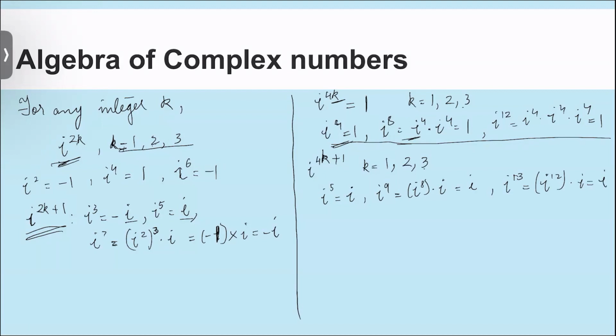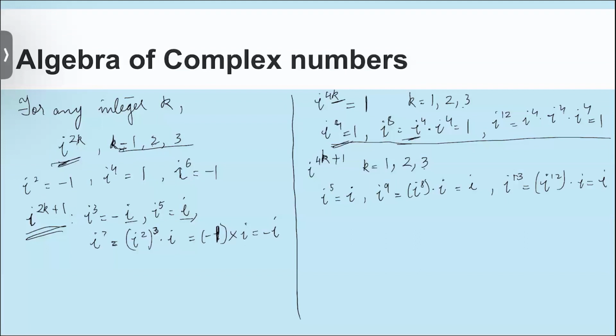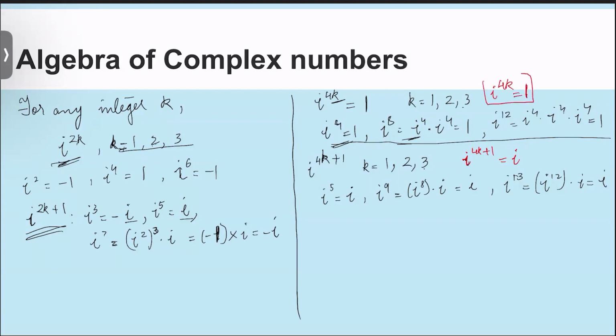So again, we can generally write that i to the 4k plus 1 is always going to be i, and i to the 4k is always going to be 1. These relations are what you need to remember when you're solving.